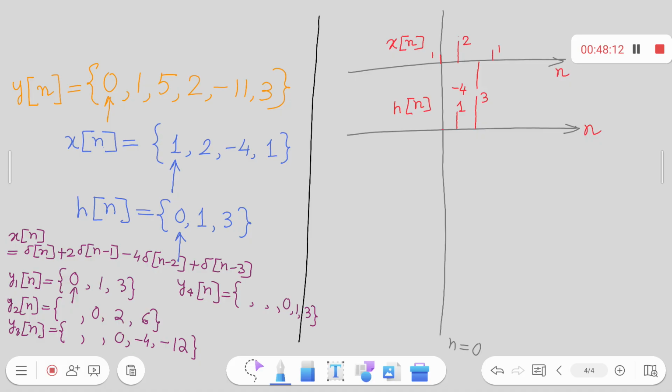So now let's follow the graphical approach. H of n already we have got like 0, 1 and 3. X of n is given by 1, 2, minus 4 and 1. So graphically, first of all, you need to fold the signal.